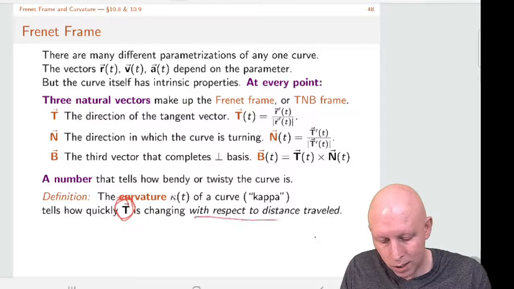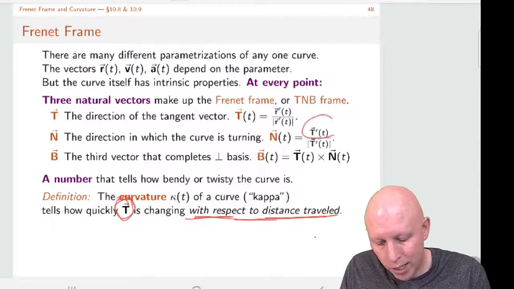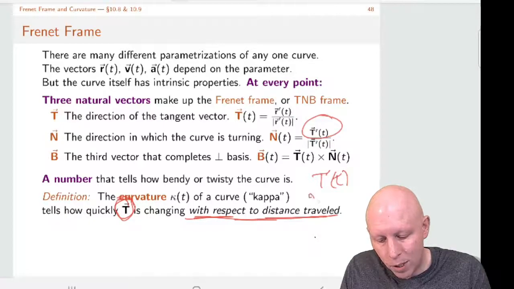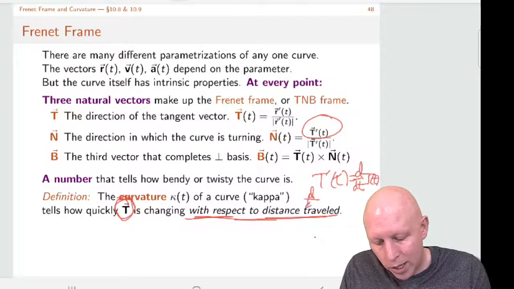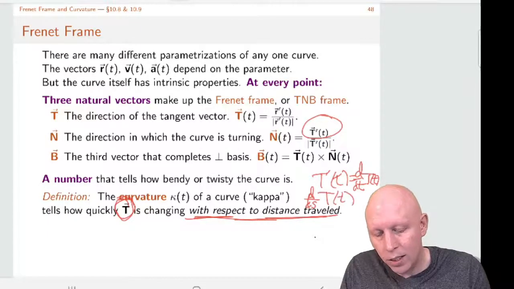Okay, so this is a bit weird, right? Up here we were calculating T prime of t, the derivative with respect to t of T. And now what we want to calculate is the derivative with respect to s of T.